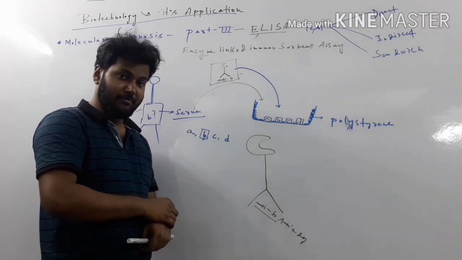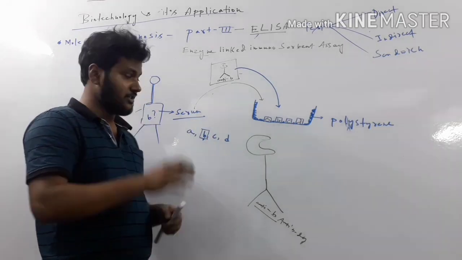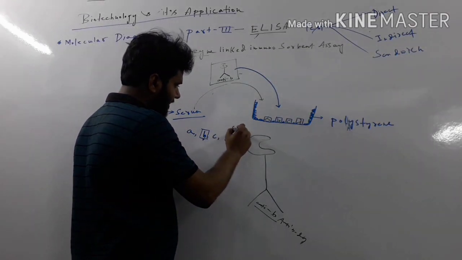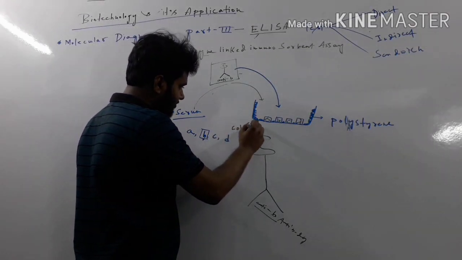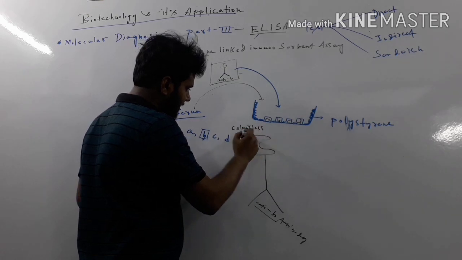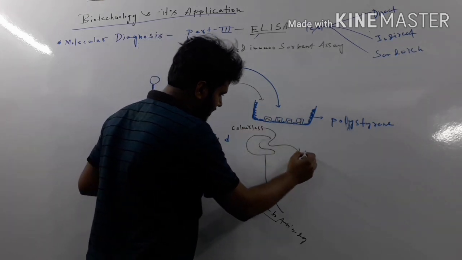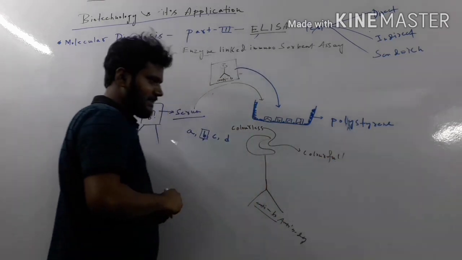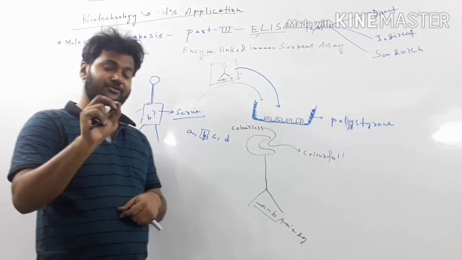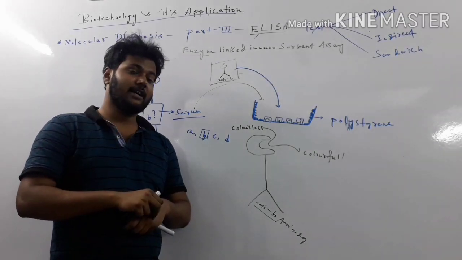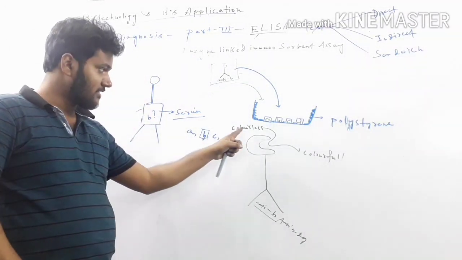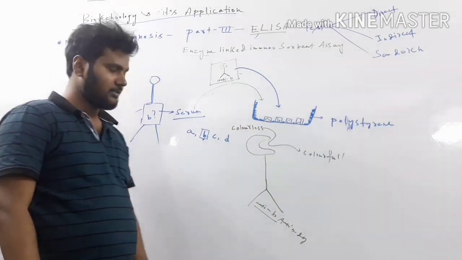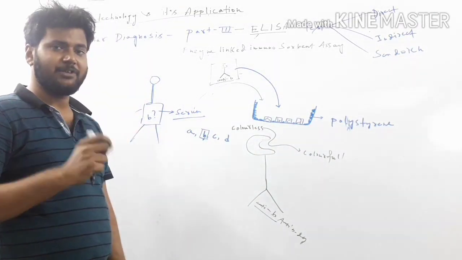This enzyme has the special capacity of transforming a colorless substrate to a colorful substrate. What is the capability? That it will convert colorless substrate to colorful substrate. Which type of enzyme is mostly used?